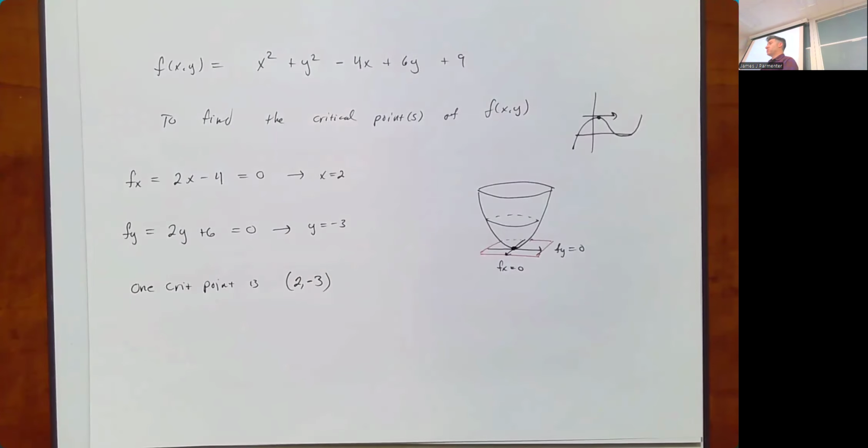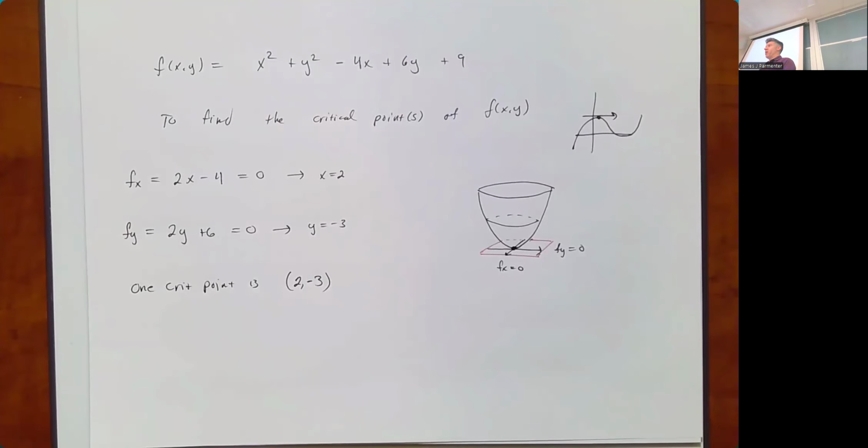So then the question is, what kind of thing is it? Just like in 16a, when we found a critical point, it was either a maximum or a minimum, or neither. Here we have the same three options. Your critical point is either a maximum, a minimum, or a neither, which is a saddle point, a maximum in one direction and a minimum in another direction.